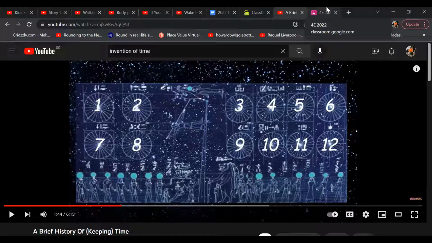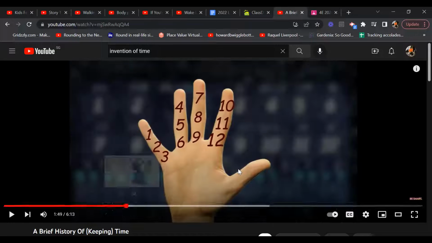But beyond that, let's take a look at what is shared here. People look at the stars and there are 12 constellations here. And 12, doesn't it look like this? The 12 digits on your fingers. And if you watch some Asian, some Chinese old shows, you see people doing something like that.